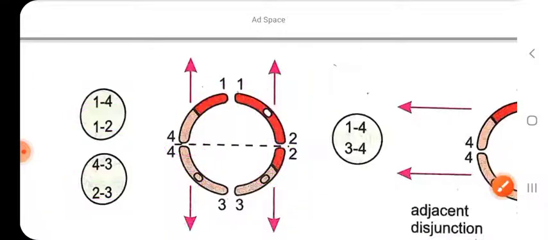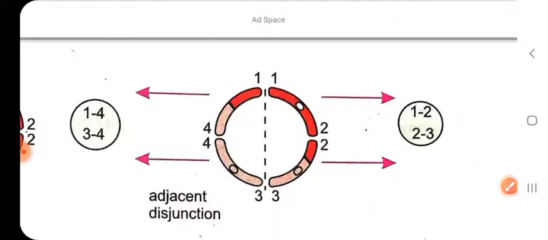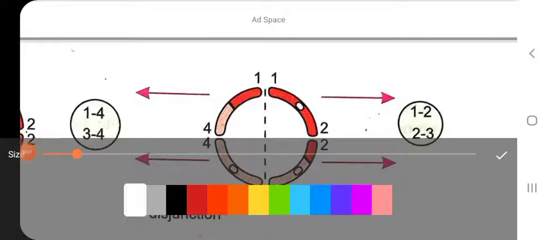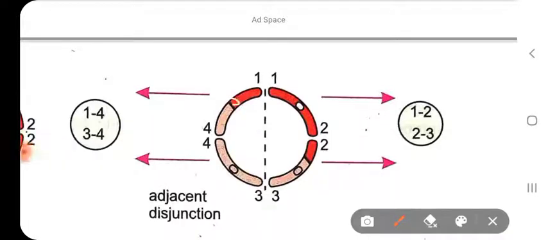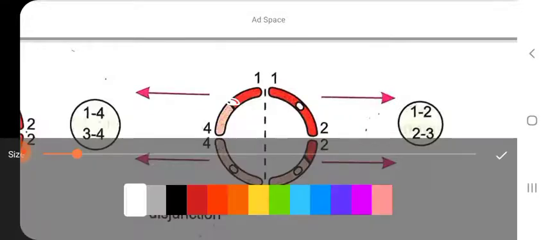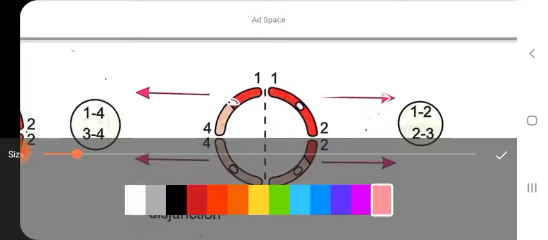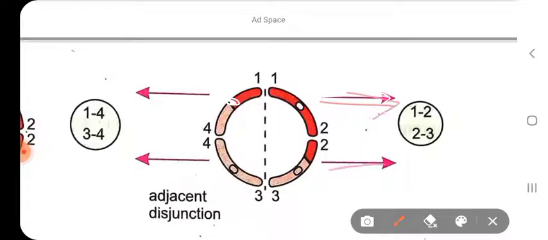See, in case of adjacent type 1 segregation, they have again missed drawing the centromere here. So you see adjacent type 1 segregation here. In adjacent type 1 segregation, what we can see is that they are moving to the opposite poles, good.